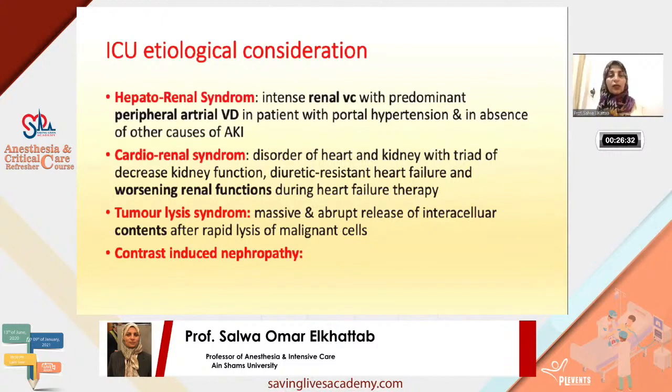The cardiorenal syndrome, which is a triad of decreasing kidney function, diuretic resistance, heart failure, and worsening of renal function during heart failure therapy. Tumor lysis syndrome also might present with AKI, and of course, we all know we might face contrast-induced nephropathy.